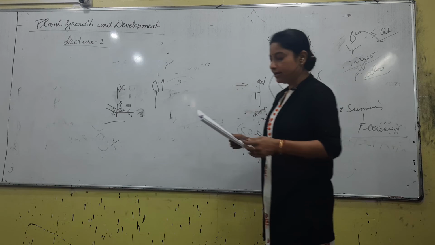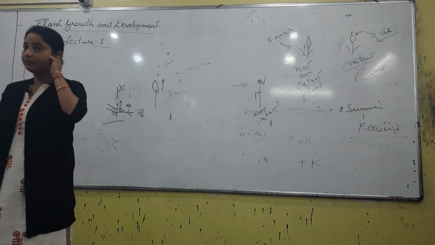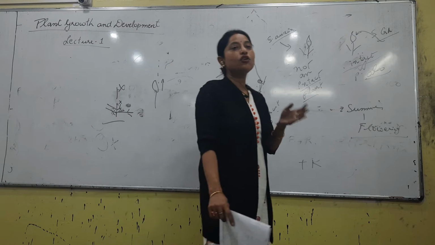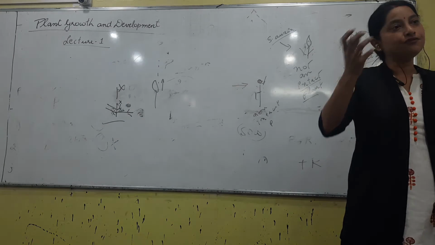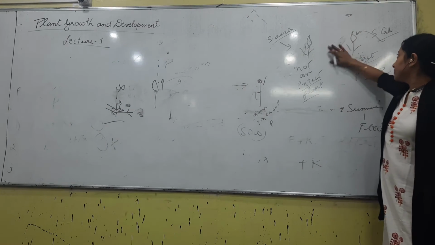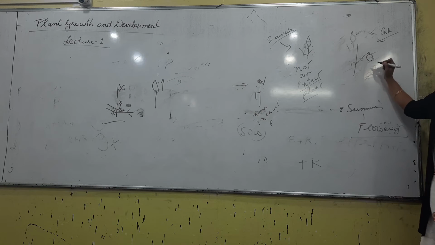Next, the point: prevention of abscission layer. What is abscission? Cutting off. If any part of the plant body needs to fall off from the plant, what will happen? Suppose there is an adult plant with a fruit. Right?